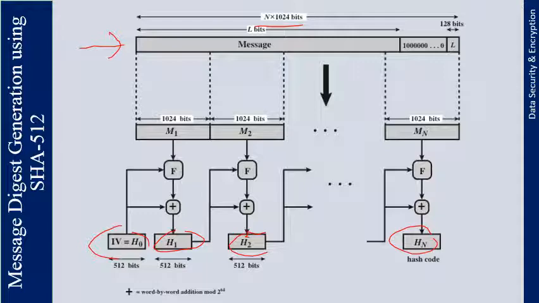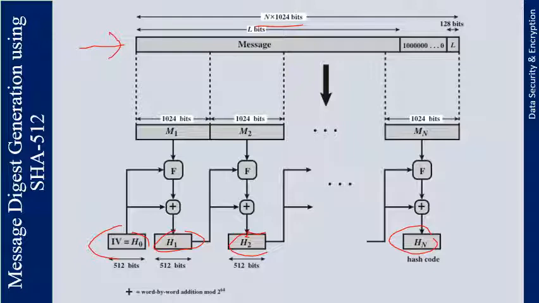This figure shows the overall processing of the message to produce a digest, and it follows a general structure consisting of a number of steps. In the first step, the message is appended with padding bits.